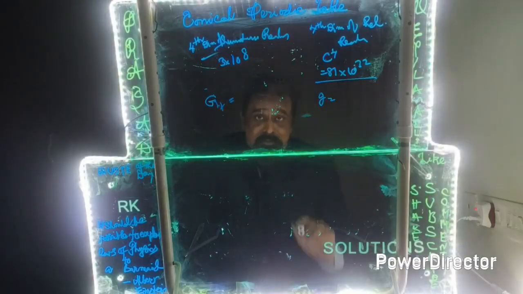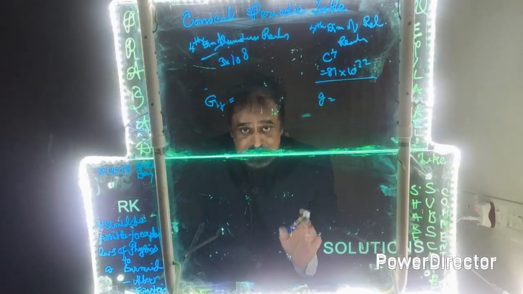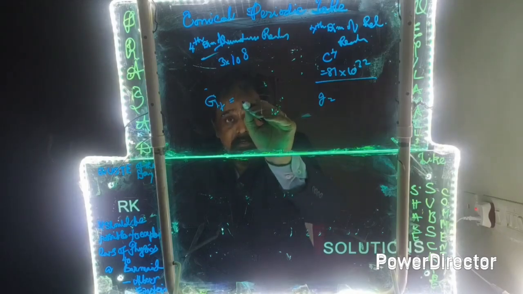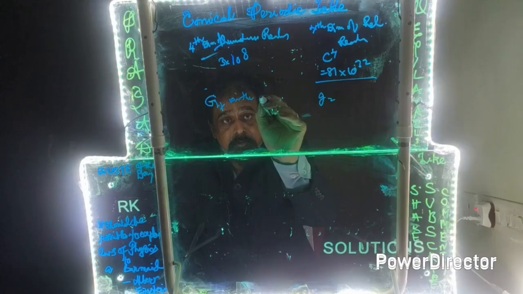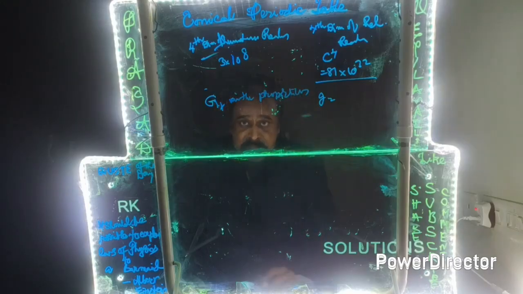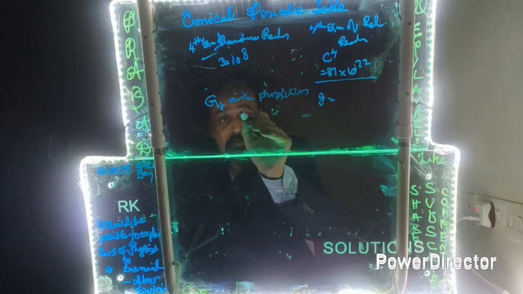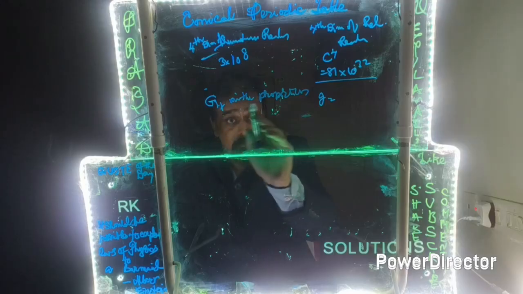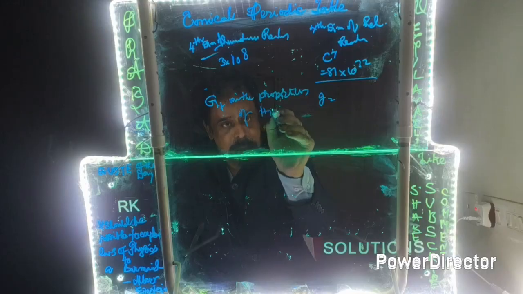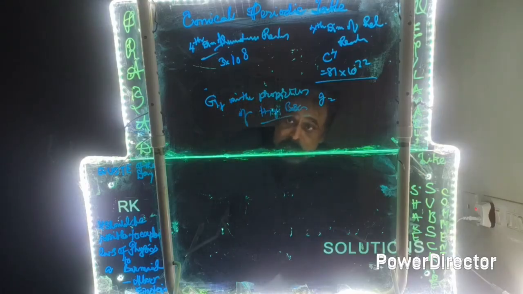GT, let us say, is a minuscule particle, in the proportions of Higgs boson or other bosons.